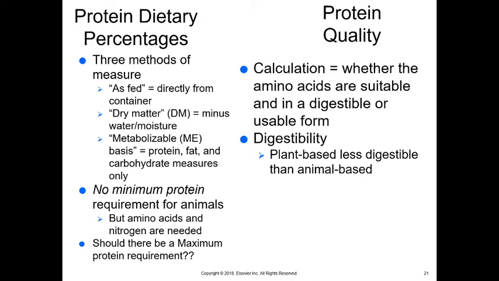Some need up to 26%, depending on the energy of the animal. We are seeing foods out there that are saying the more protein the better, and more of a good thing isn't necessarily a good thing. Too much protein may actually be too taxing on the liver or the kidneys for that particular animal. So we do want to be real careful with that.